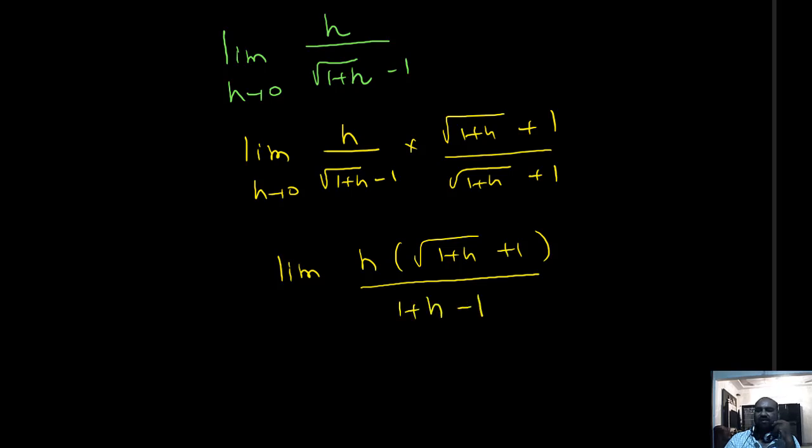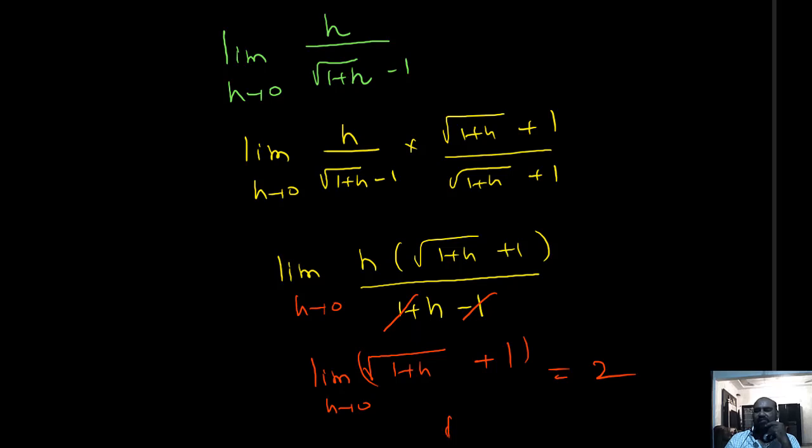What happened here? This gets cancelled. After that h also can cancel because h is tending to 0, h is not equal to 0. What I can say, this is nothing but root over 1 plus h plus 1, h tending to 0. That gives 2 only. What happened? F of 1 plus I got 2.